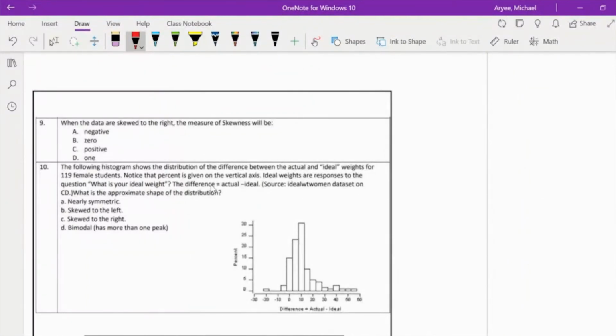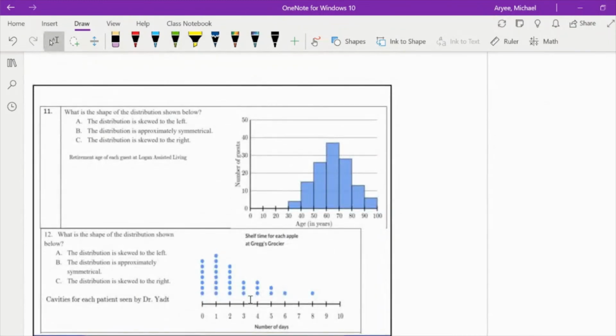Now if it's skewed to the right, then it's positive. Now, when you look at the next diagram, it looks more like it's skewed long to the right. So this should be skewed to the right. Okay, and so forth and so forth, all right?